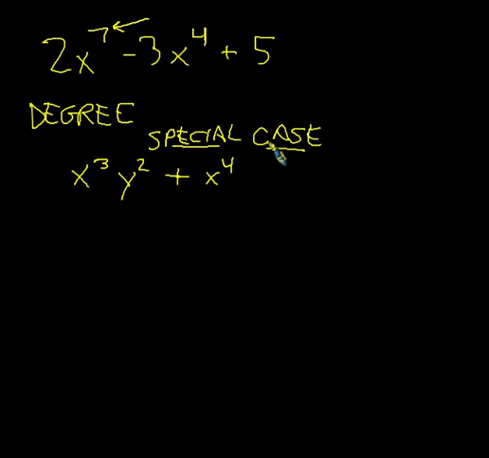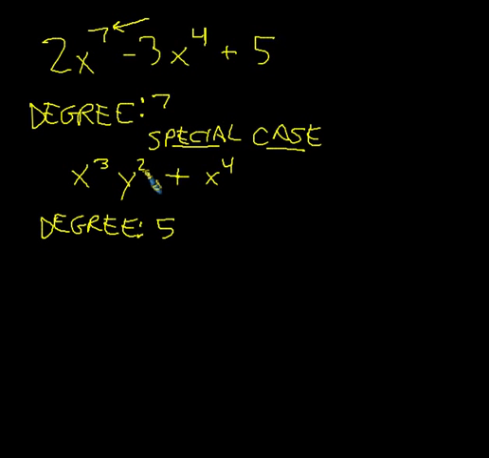Because we have the x cubed times the y squared, we consider this polynomial to have a degree of 5. We get that degree from adding the 3 and the 2. By the way, let me go back here and make that degree 7 for that previous polynomial. We get the degree of 5 here by adding the 3 and the 2.